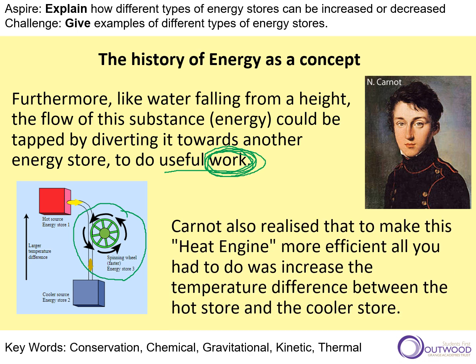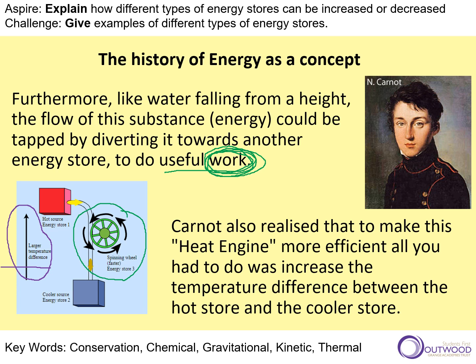He realized to make the heat engine more efficient, what you needed to do was have a larger temperature difference. If you had a larger temperature difference, you would make it more efficient. And you can see now that the spinning wheel would go around quicker.